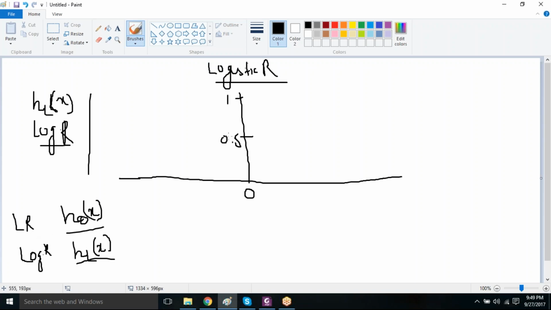So this is this, and now whatever your data point is, I will simply do the regression only like this, but I will transform this value through a function like this.